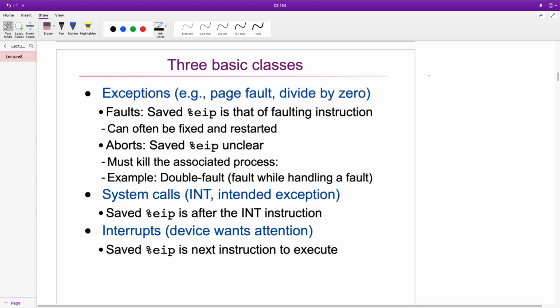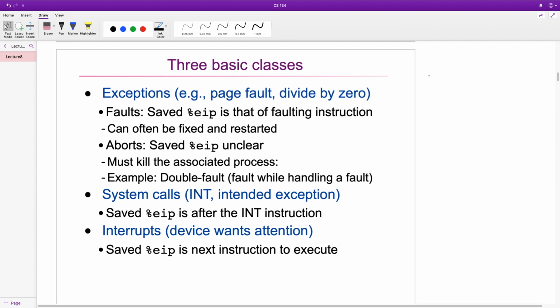And this is more the Unix terminology as opposed to, let's say, x86, where they talk about just interrupts in general. But exceptions, what happens? An exception, a fault, is a kind of exception that might be fixable.